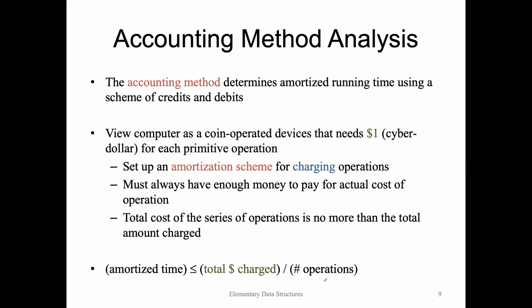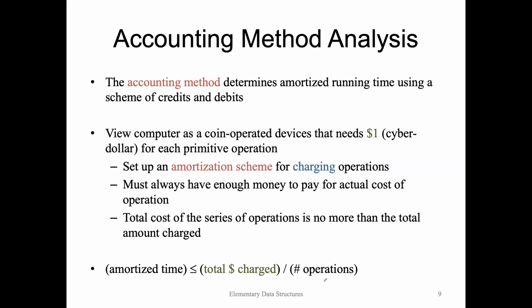So this is the total amount paid for all operations divided by the number of operations. The benefit of this accounting method to determine amortized running time is that we can overcharge some operations that execute only a few primitive operations in order to help out on other operations later on that have to execute many primitive operations.